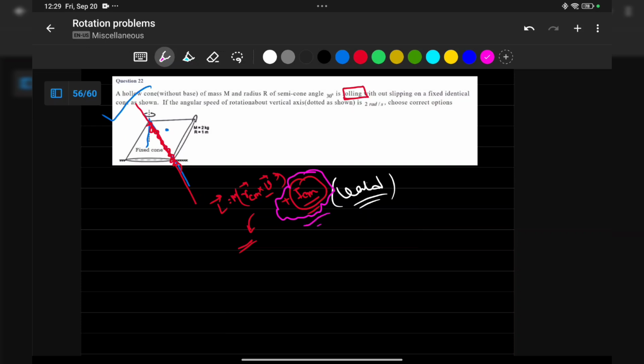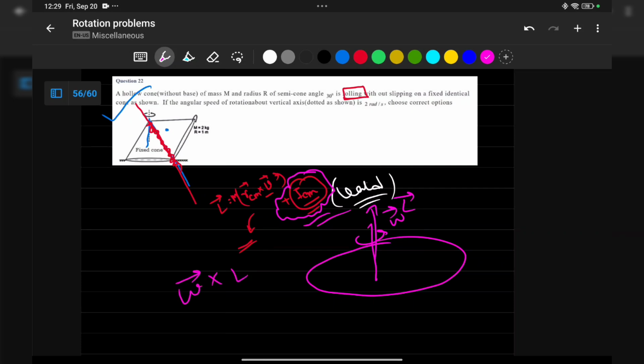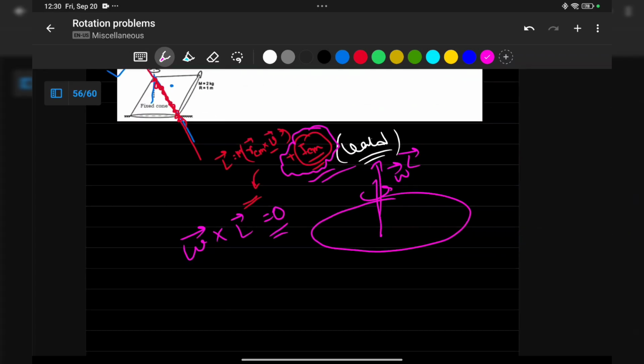They think of it as a general planar motion in which, if a body is rotating about some omega, the axis of the angular momentum is also about that. That means in general planar motion, omega and L are aligned in the same direction. So they think of it as a general planar motion, and they just calculate the I_CM times this omega, because this is rotating about this omega.